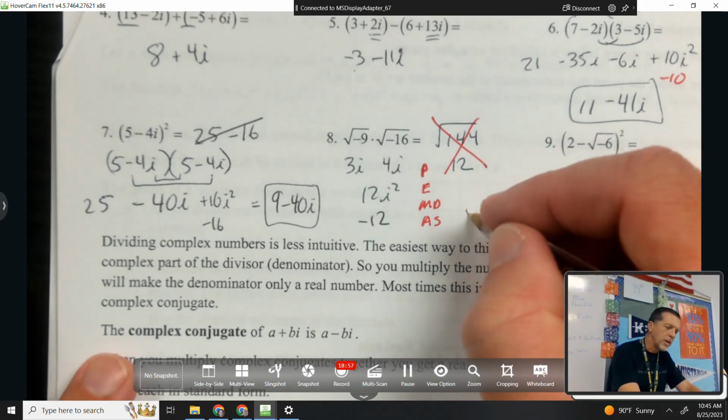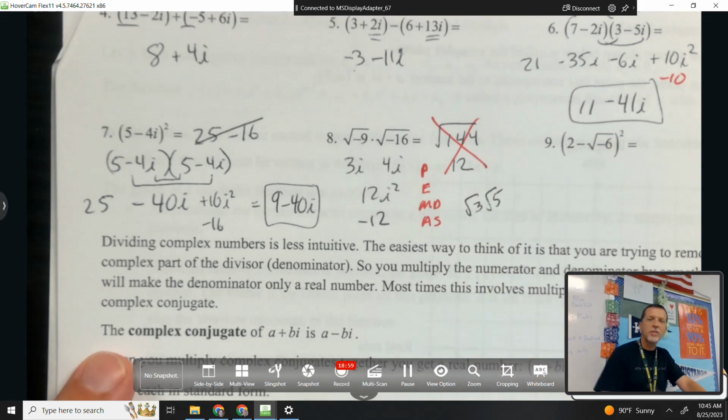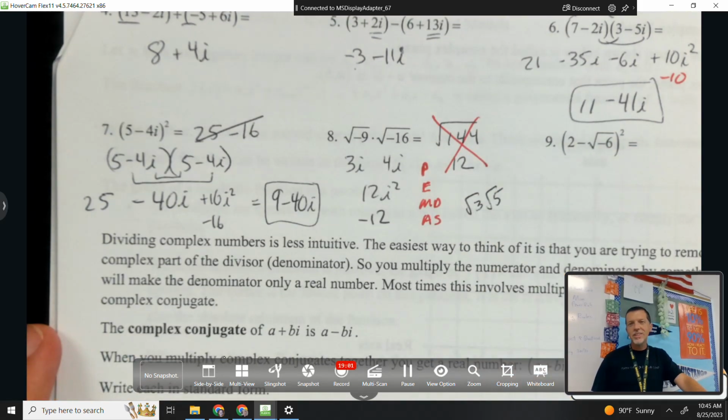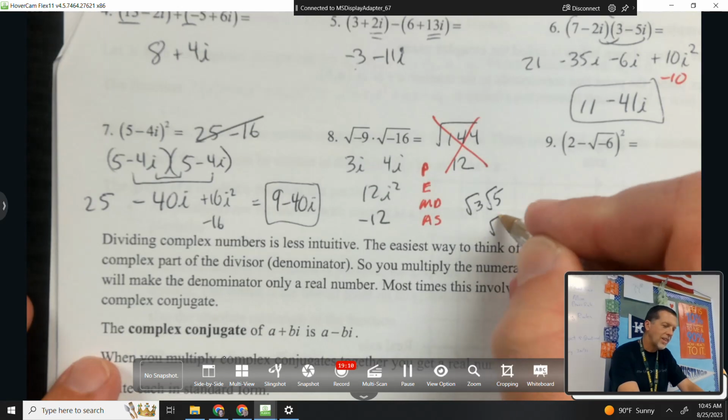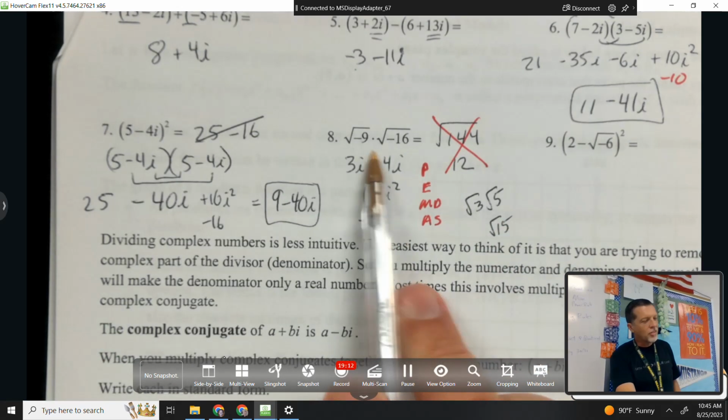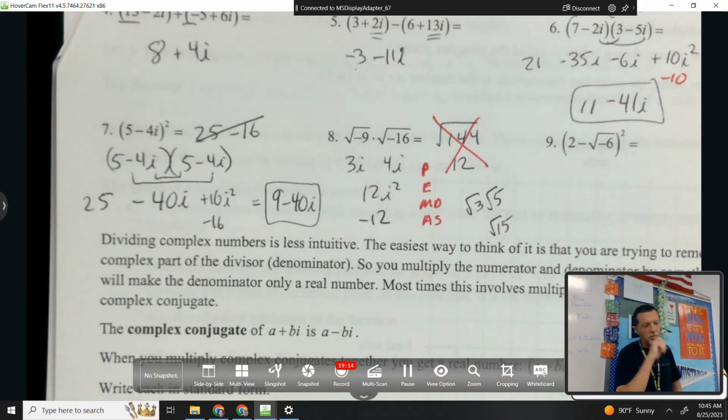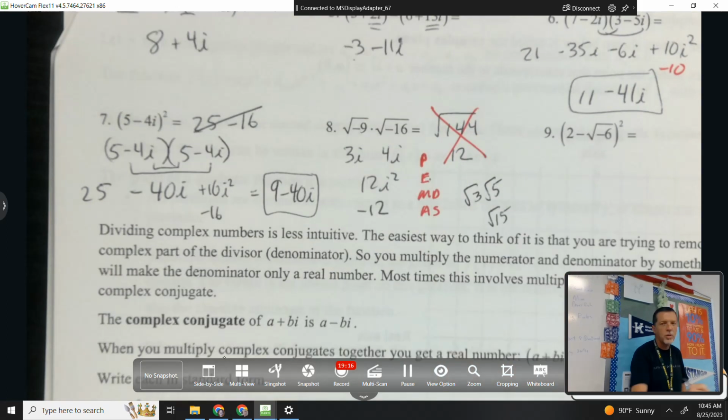Right? You know what I'm talking about? Like, square root of 3 times square root of 5. What's that equal to? Now you're scared to answer. Square root of 15. And that's right. But if negatives are involved, things get a little bit weird. So be careful. Make sure you take the exponent before doing the multiplying.